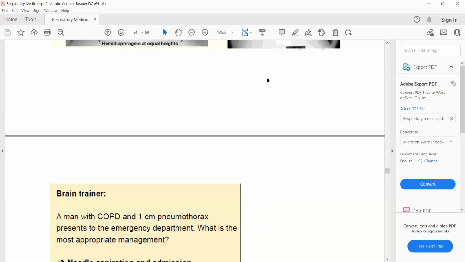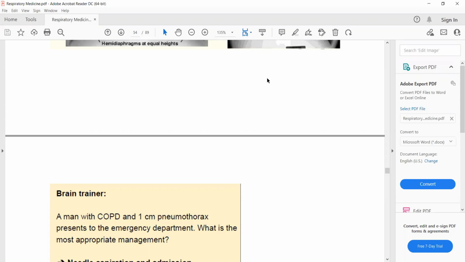So let's do this question and it will make things a little more clear. A man with COPD and 1 centimeter pneumothorax presents to the emergency department. What is the most appropriate management? Needle aspiration.